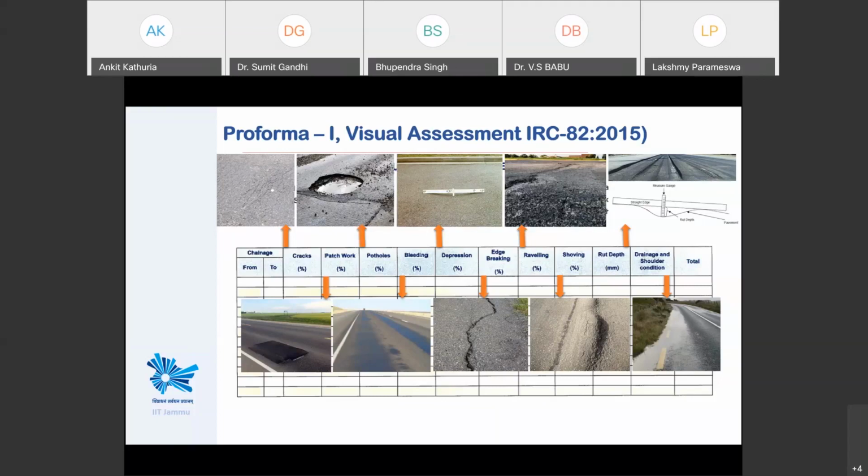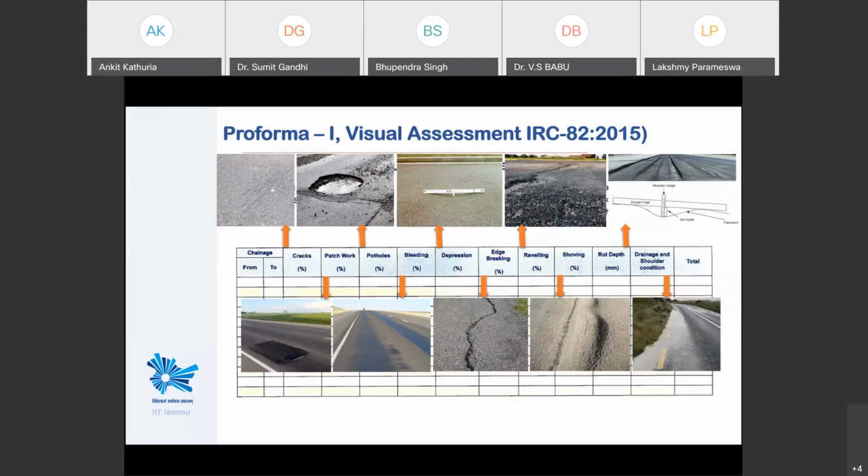Rutting, you can see in the photograph shown at the end, and depression is on a particular area and is not longitudinally continuous as rutting is. Then there is edge breaking; you can see how an edge breaking distress failure occurs on the pavement. Ravelling is disintegration of your bituminous surface, where aggregates are visible. Shoving is bulging of your bituminous surface, as seen in the photograph.